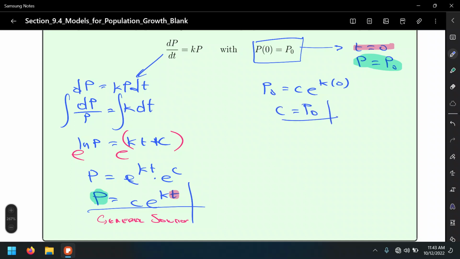So that's the constant of integration, and incorporating this into our general solution, that's P equals P initial e to the kt. And I think you have seen this model before a number of times in intermediate algebra, pre-calculus. However, back in the day, they just told you to use this model. Don't ask where it's coming from.